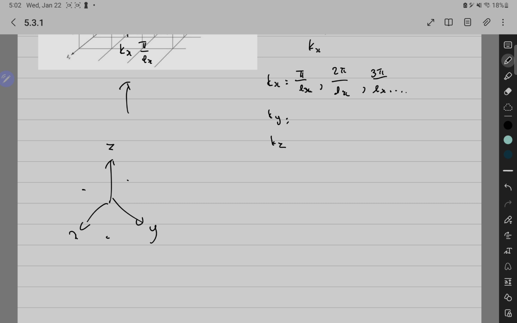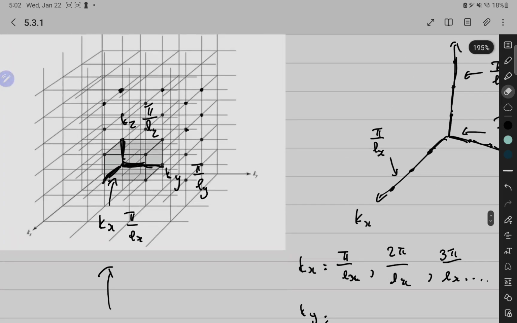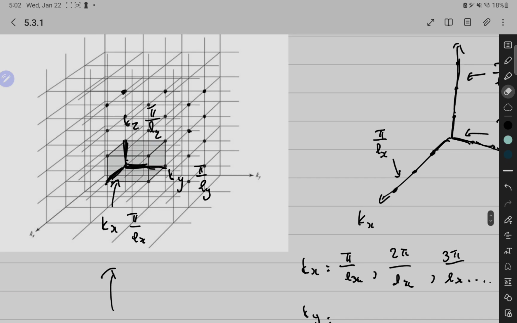It expands infinitely outwards mathematically. The only limitation in this case is that each of these grid steps needs to have a length, for example pi over Lx for x. So we have the three axes, and on each axis we have segments with length pi over Lx, pi over Ly, or pi over Lz, depending on the axis. If you connect all these dots, you get intersection points, and these intersection points all correspond to distinct quantum states.